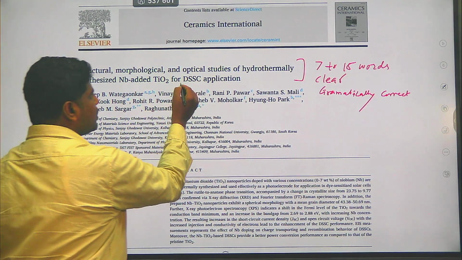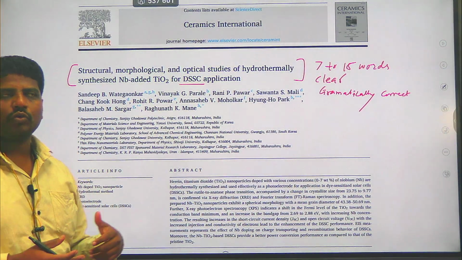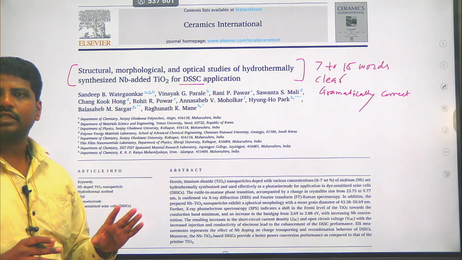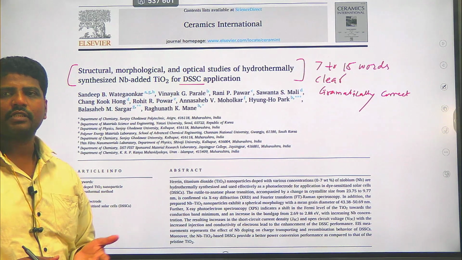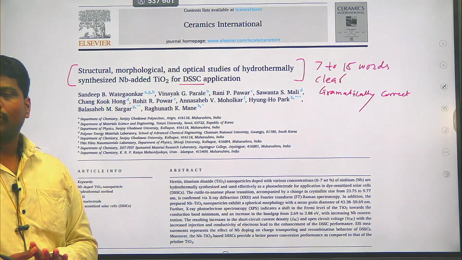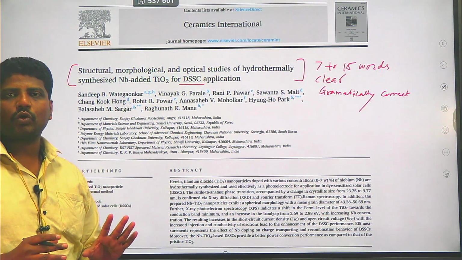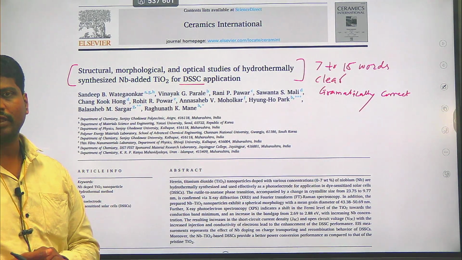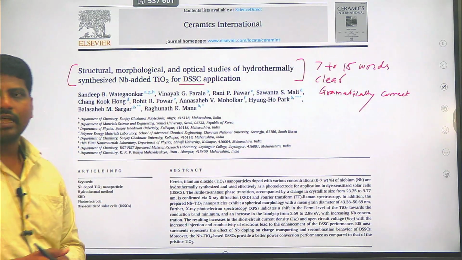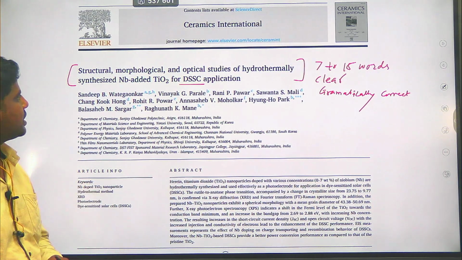Here I have used DSSC, but a researcher may want to know what you mean by DSSC. DSSC means dye-sensitized solar cell, that I know, but whoever wants to see the research article may not know the abbreviations. So the abbreviations and their full forms I have explained in the research paper, we will see further.